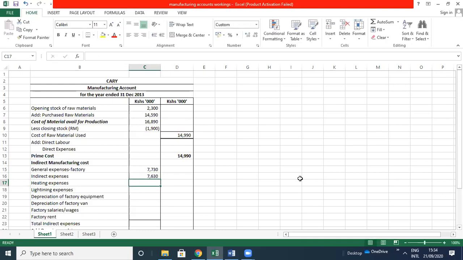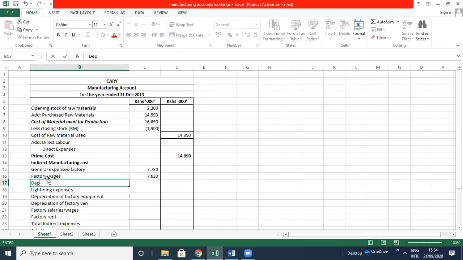That is factory wages, eh? Next item that we can find for the factory.